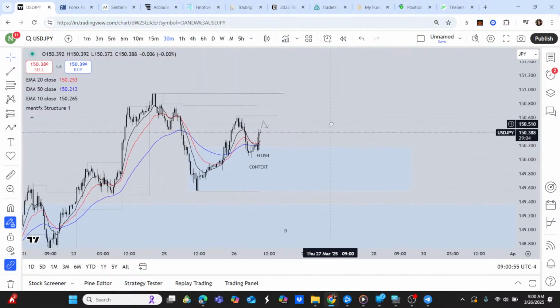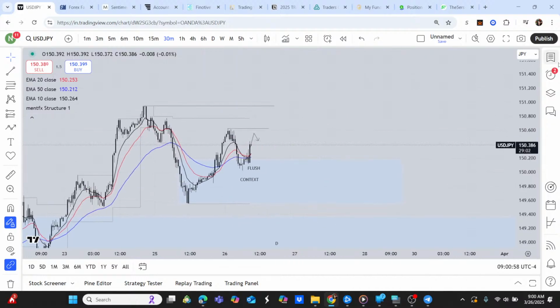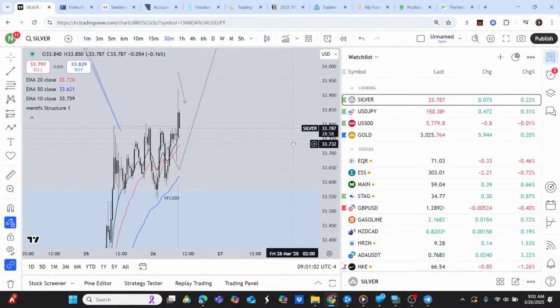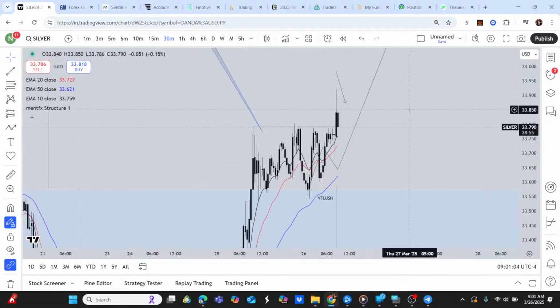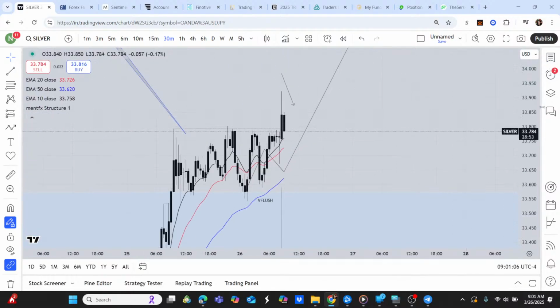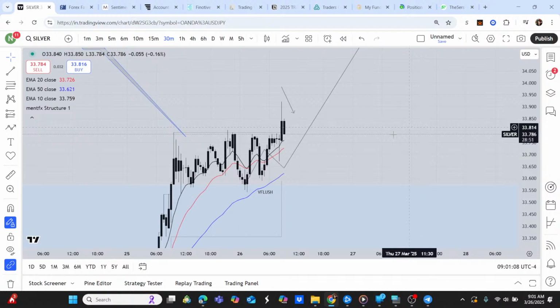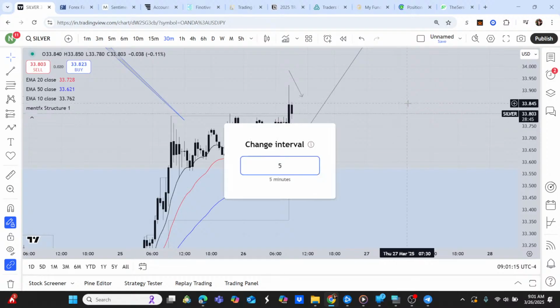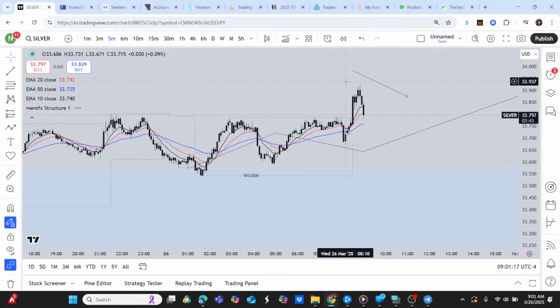Still need to make more of a move. Okay. All right, this one doesn't look too clean. Let me see how it is looking on the 5.